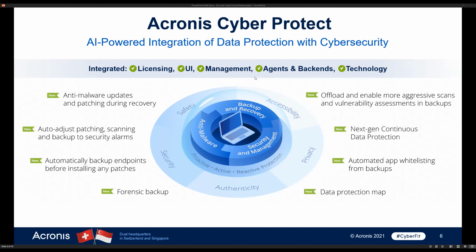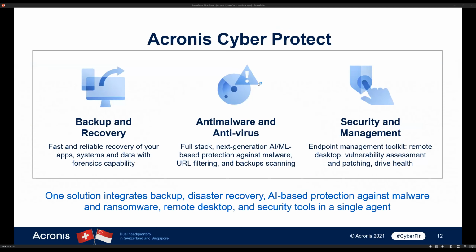And this is part of our complete solution of integrating the full requirements for cyber protection. But to reiterate, it's a solution that includes backup and recovery, antivirus and anti-malware protection, and security and management functionality, such as endpoint management, vulnerability assessment, and patching.